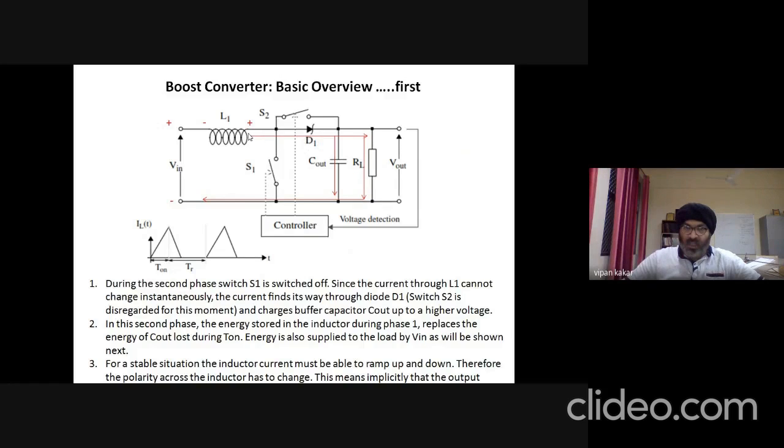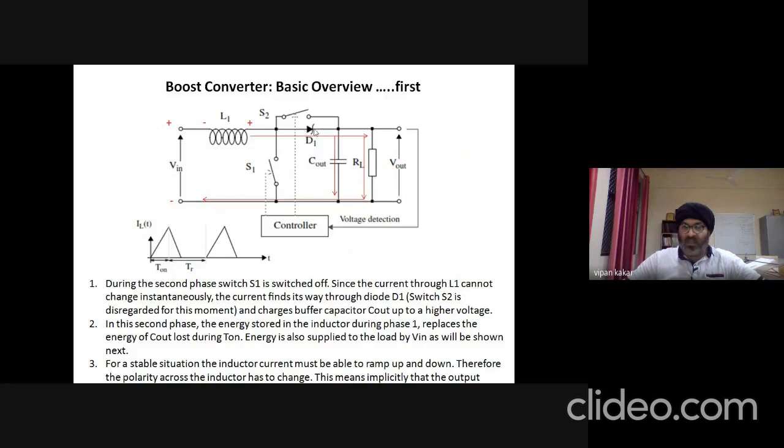And now this inductor, which has already reversed its polarity, has a node voltage over here which is the sum of the input voltage and the inductor voltage.